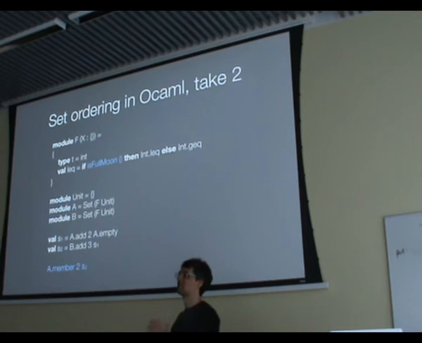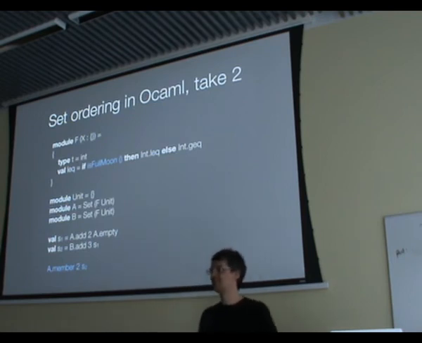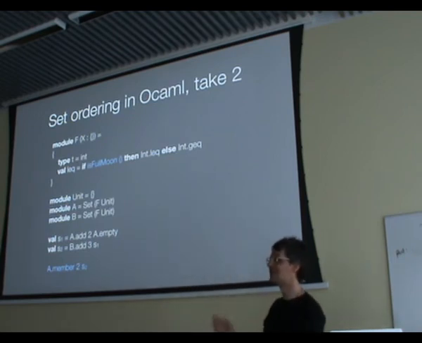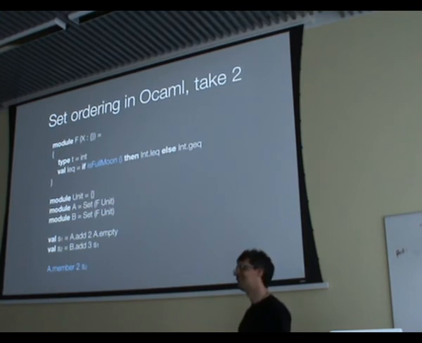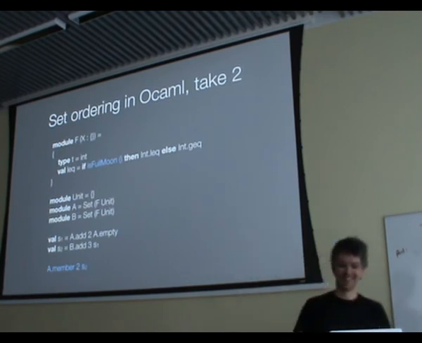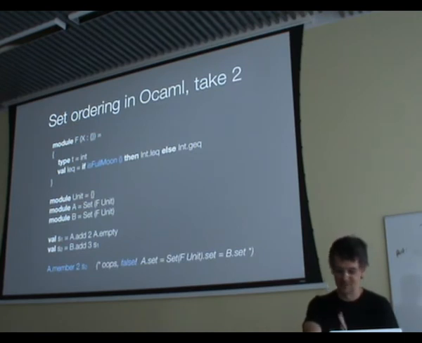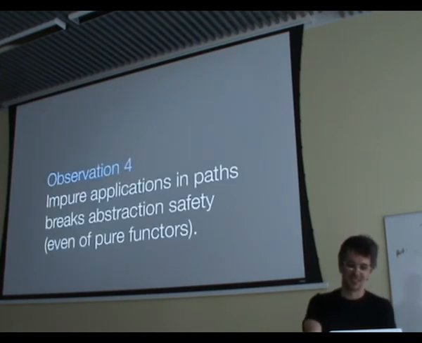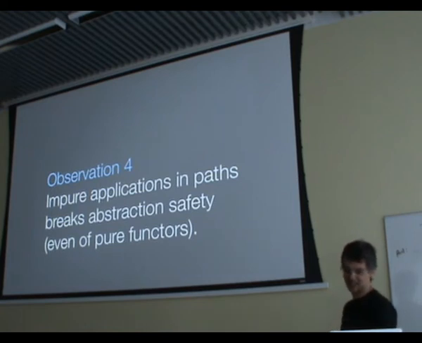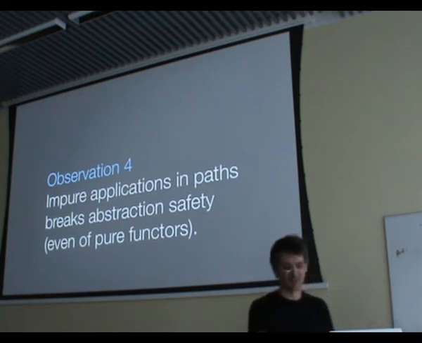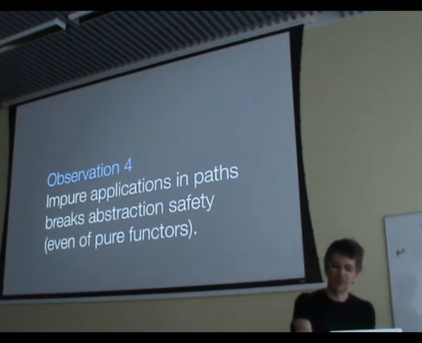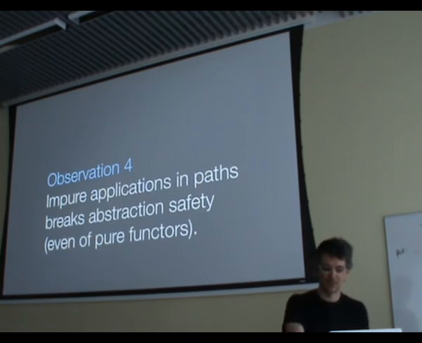So it's kind of a separate problem. Ultimately, you want to fix both. So yeah, what I said, a functor that is impure, allowing that in a type path can break abstraction safety even of the pure functors.